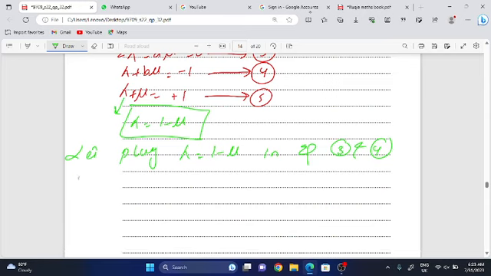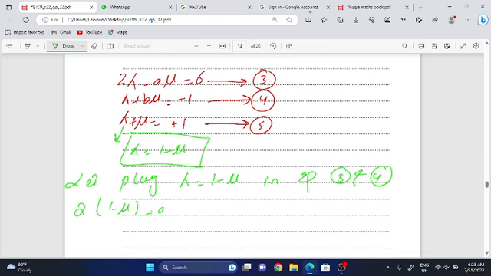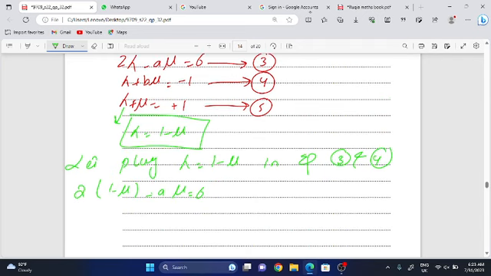That gives me 2 times (1 minus mu) minus a times mu equals 6. And the second equation, lambda plus b mu, gives me 1 minus mu plus b times mu, which equals minus 1.